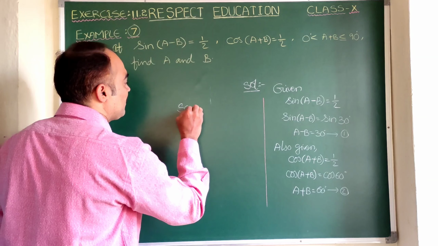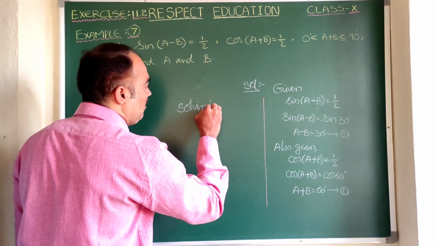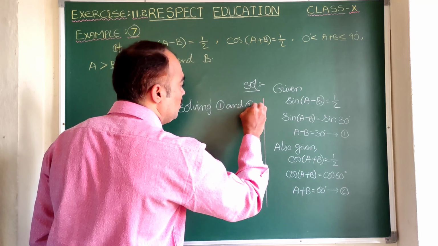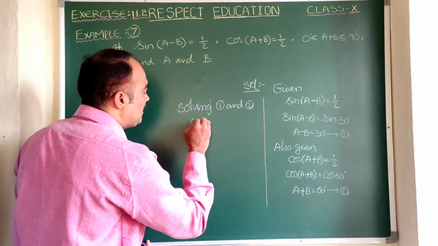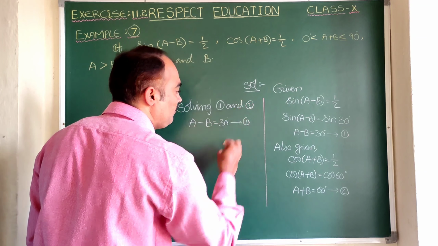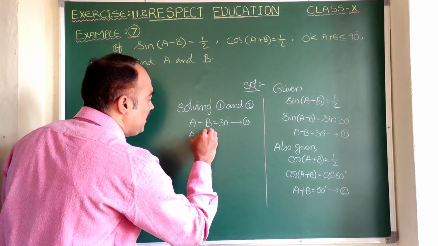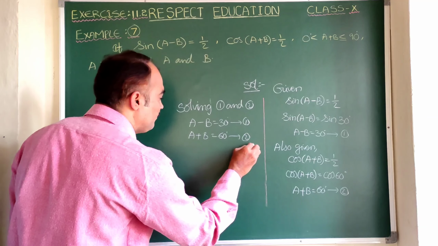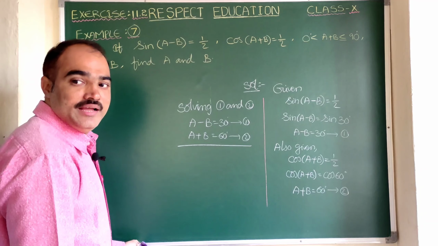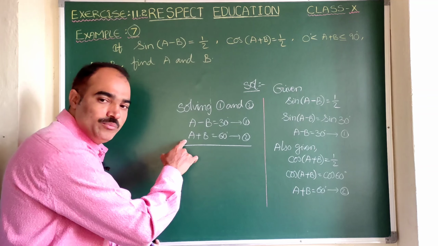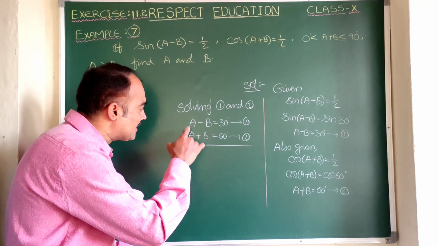So let us solve equations 1 and 2. Let us write both the equations together. A minus b is equal to 30 degrees, this is equation number 1. A plus b is equal to 60 degrees, equation number 2. Here, if you subtract, positive a, negative a, a and a get cancelled.